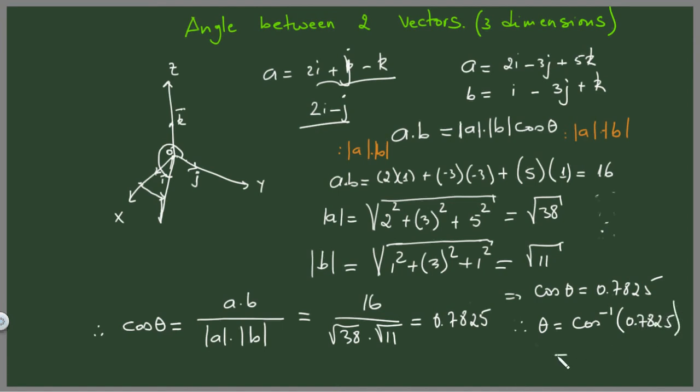And this angle in degrees will be 38.5 degrees. This is the angle we have between these two vectors in three-dimensional space.